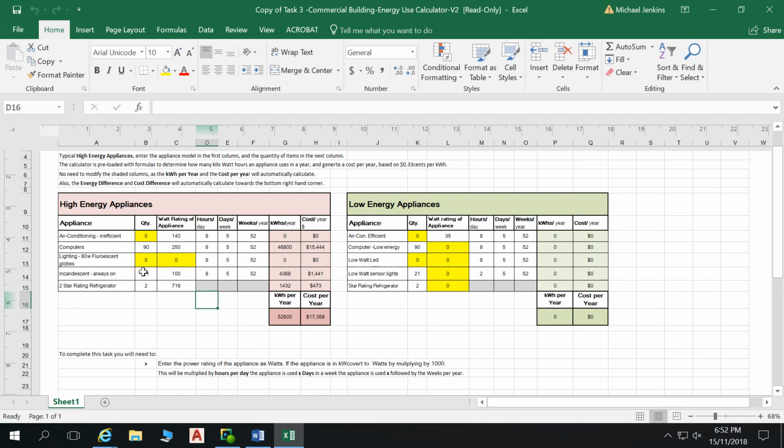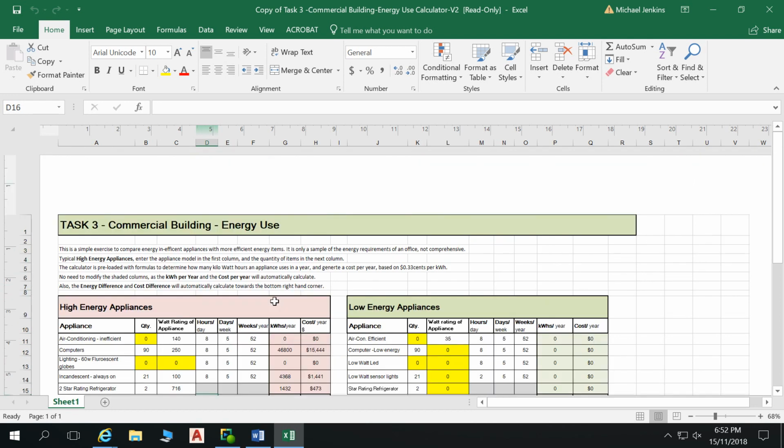Now, with our Excel spreadsheet, we've got our option here for 60 watt incandescent globes. So knowing the lumens, we've calculated the lumens required for our office.